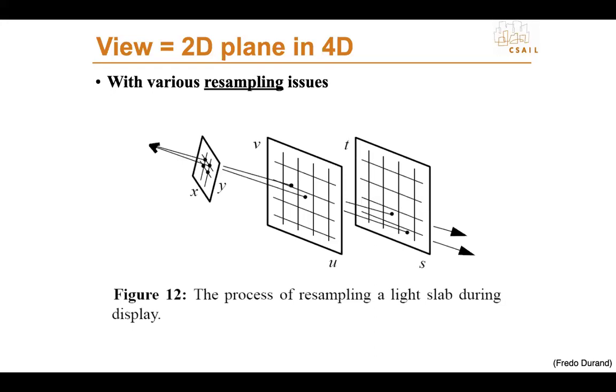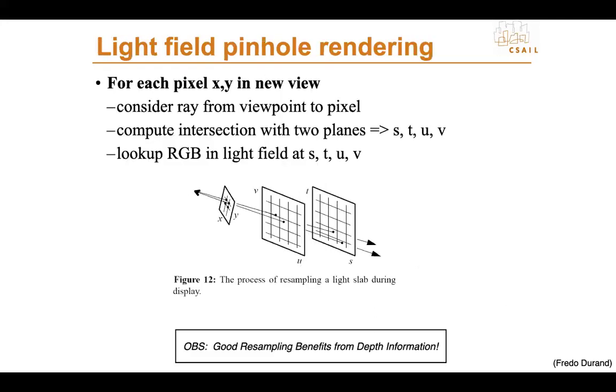And for that, we have to consider the rays from a certain viewpoint to a pixel, and we compute the intersection of the rays with these 2 planes. And then we look at the visual information, the RGB light energy at S, T, U, and V, and do this interpolation process.